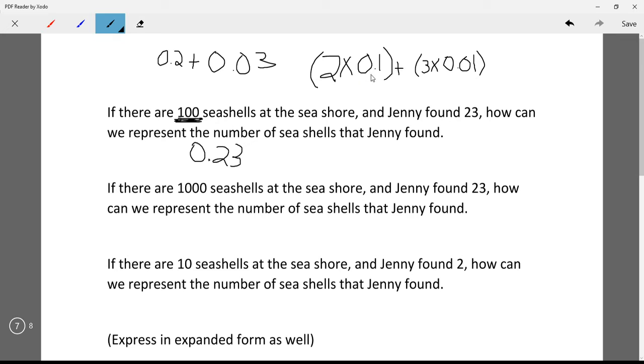Now, another thing we can do, since we can represent these decimals in fractions, we could actually do 2 times 1/10 as a fraction plus 3 times 1/100th.